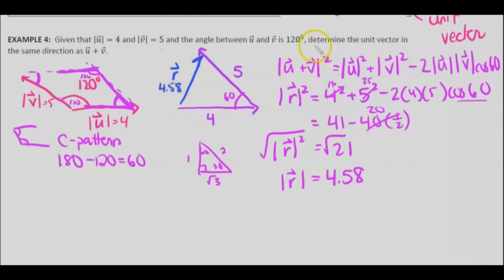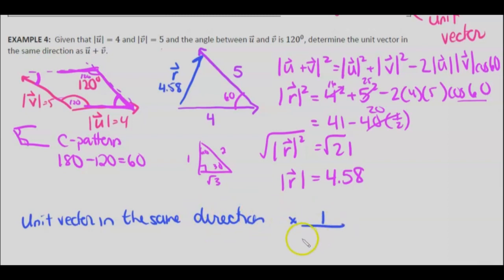So our question, back to the question, determine the unit vector in the same direction as u plus v. So to create a unit vector in the same direction, multiply by one over the magnitude of vector u plus vector v.